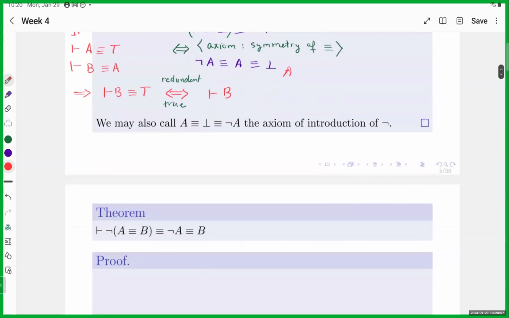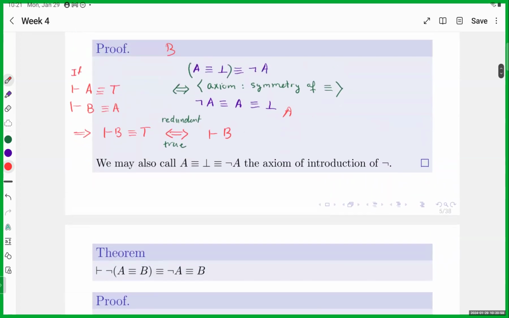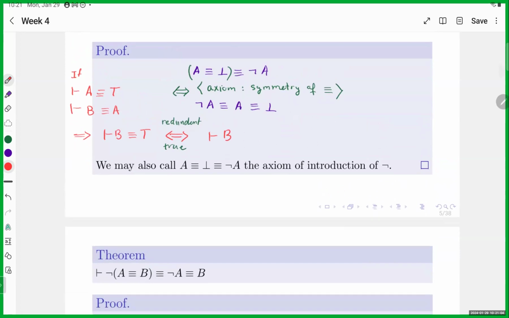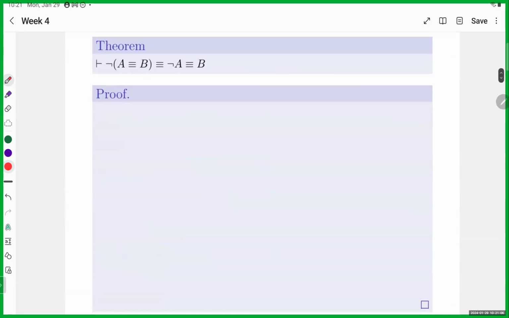So let's move on to another theorem. Negation of A is equivalent to B is equivalent to negation of A equivalent to B.